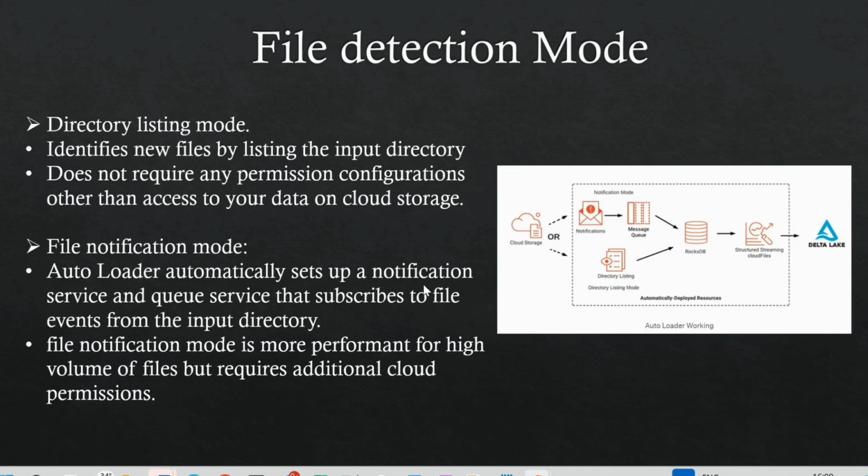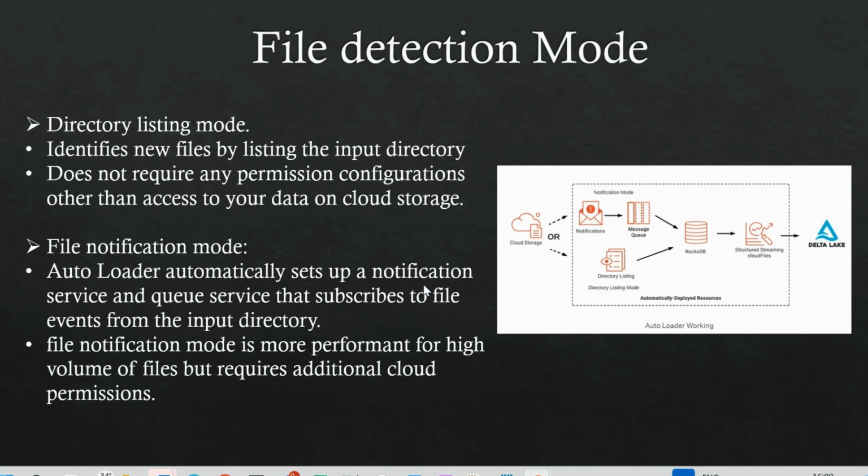So it scans the complete directory and identifies the new file. In this case, you will not need any kind of special permission. The only thing you will need is the permission on your cloud storage, the storage location where your data is residing. You need to have read access for the data in that storage location.